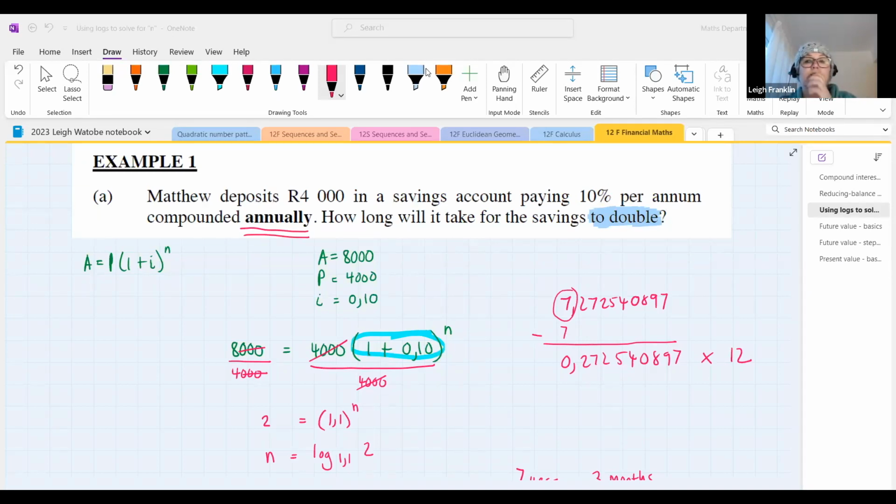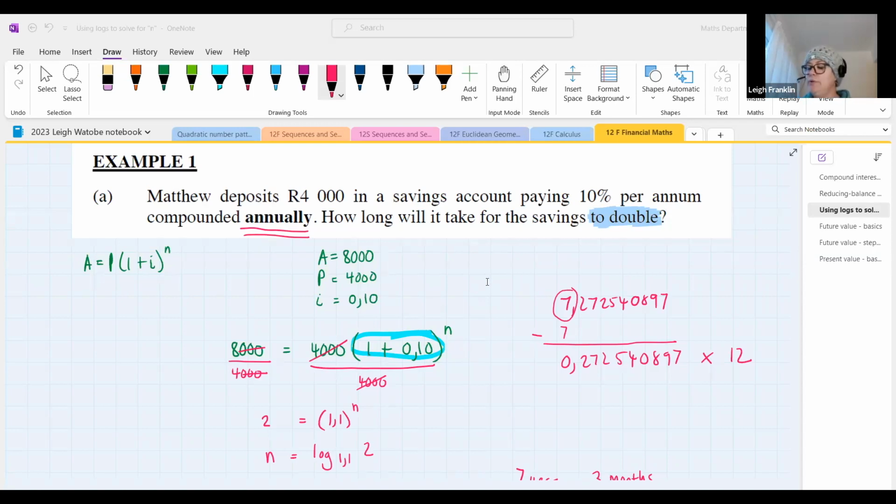Yeah, ma'am. Ma'am, I wanted to ask, in financial maths, aren't we supposed to always round up, like the number of years? Like after we got 7,27, we're not supposed to round up? No, you see, I think what you're doing now is you're getting confused with calculations that take place later on.